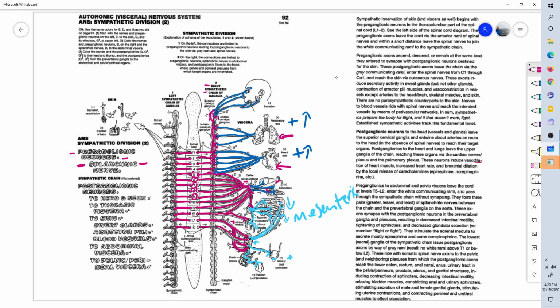Okay, so what else happens in the sympathetic nervous system other than the lungs and the heart and the glands here? Well, the skin needs to be innervated too. The skin needs a supply of nerve information and nerve conduction. It needs to be told what to do as well. So you see the preganglionic fibers all up and down the chain.